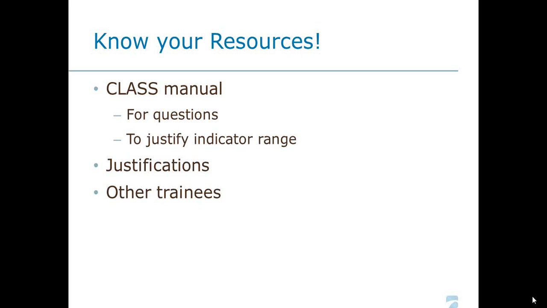And then finally, the justifications are very detailed, so we want to look at them and make sure that we use them effectively. And then finally, our last resource is the trainees. So often other trainees may be able to explain something in a way that's better than you can explain it. It's just like teaching kids, where sometimes another child can show another child how to do something.